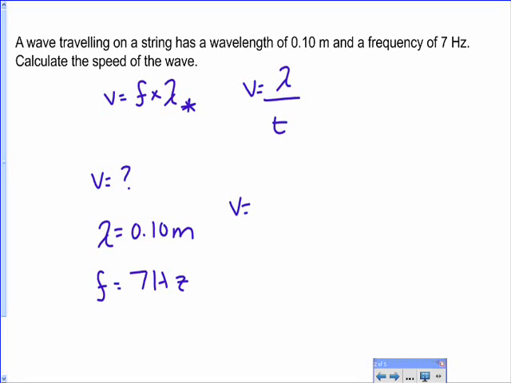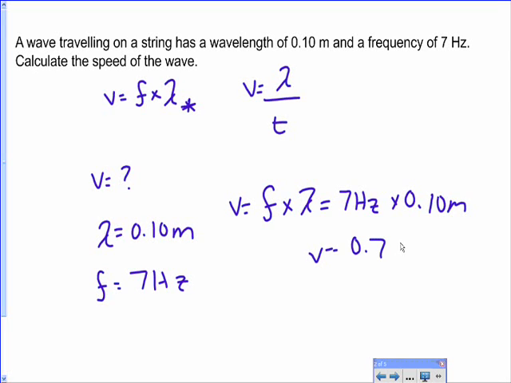So we say V equals frequency times wavelength. And we fill in our numbers. Our frequency is 7 hertz times our wavelength of 0.10 meters. Once you calculate this, this shows you the wave speed is 0.7 meters per second.